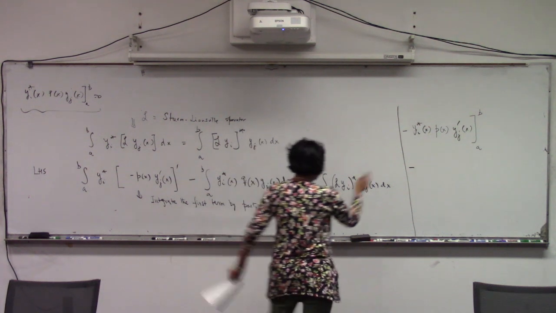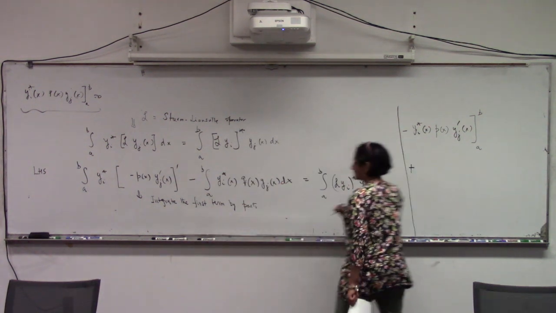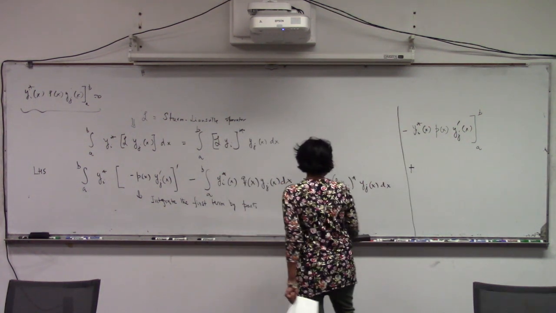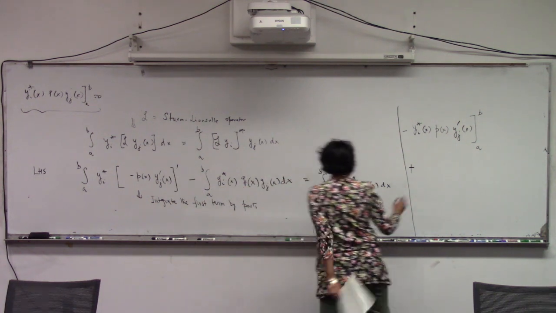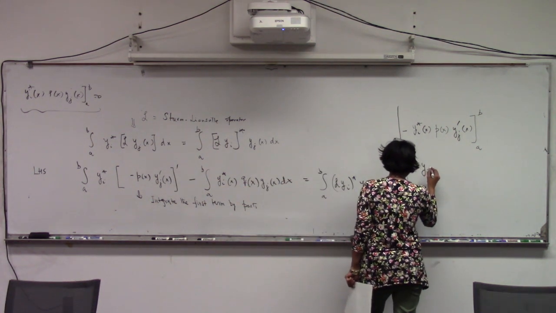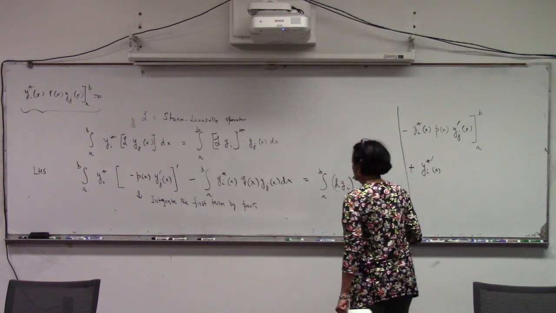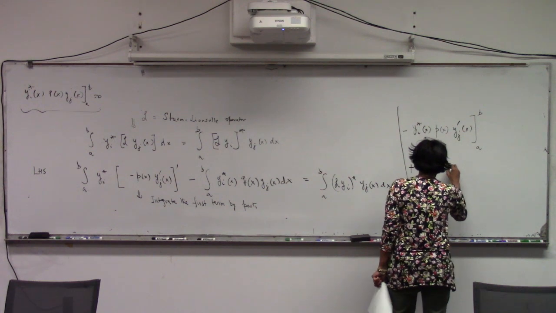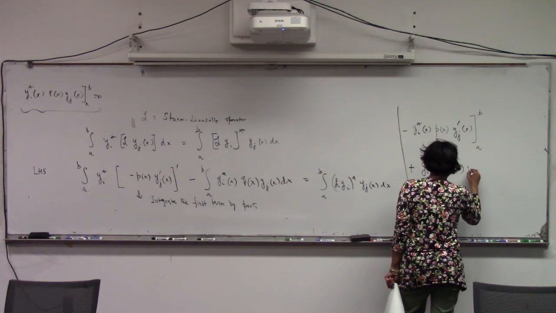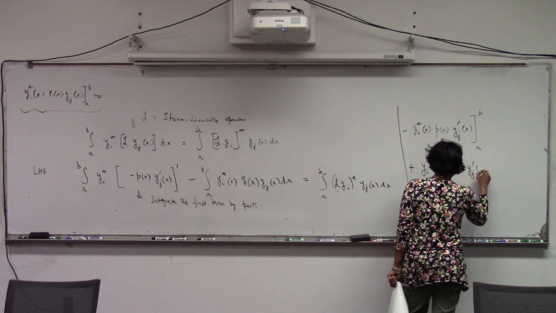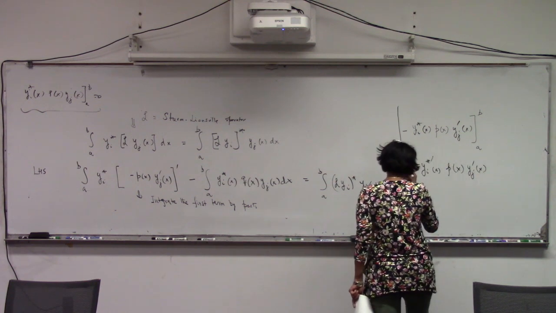Negative of something, and then that becomes positive because of the two negative signs, and I have to take the derivative of that term. Yi conjugate x, I have to take the derivative, and then p of x, this term I have to keep as is, right?